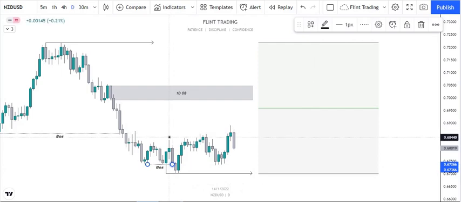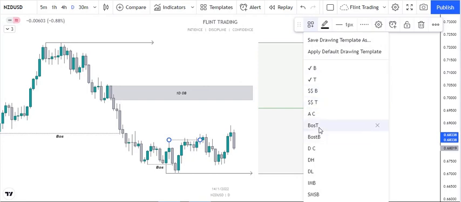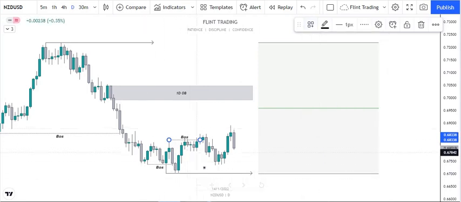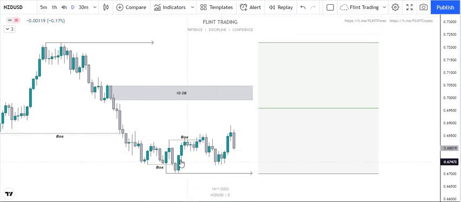Our structural high was this point, and this point was soon broken by this candle, a break of structure to the topside, and this is called the market shift. So the market shift has occurred, the structure shift has occurred, and now we can anticipate that the market may go up towards this zone area, right?